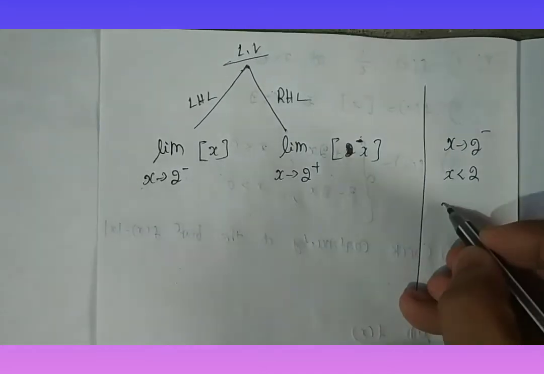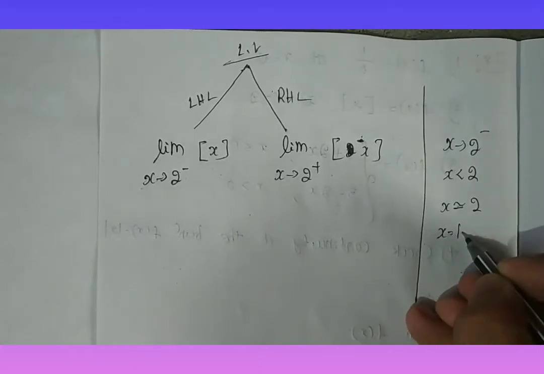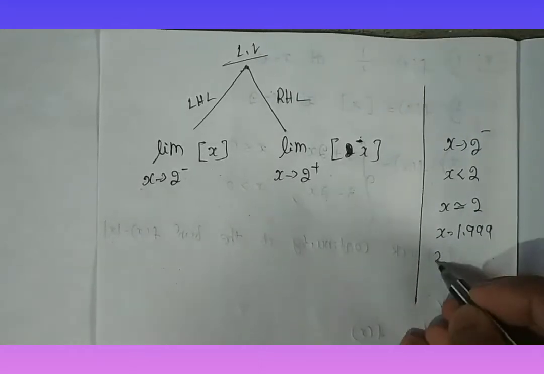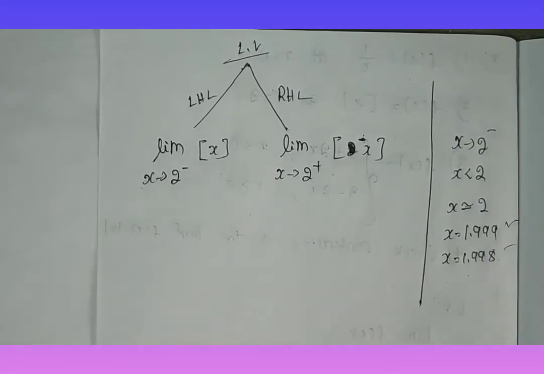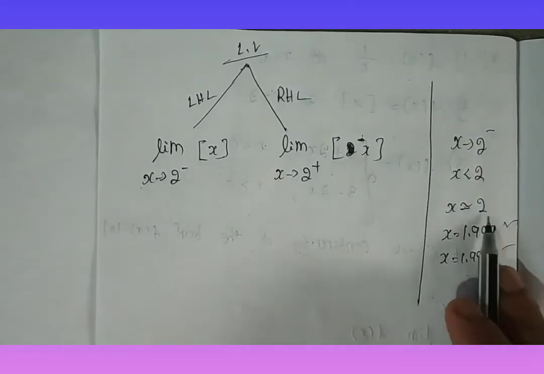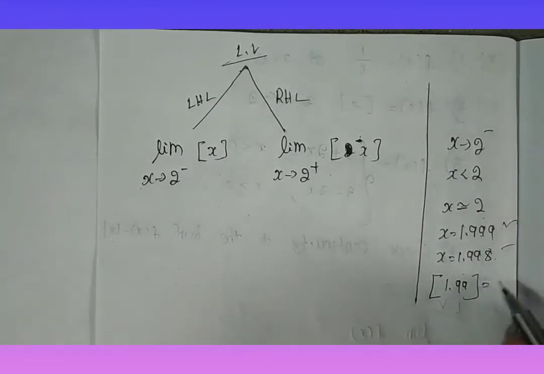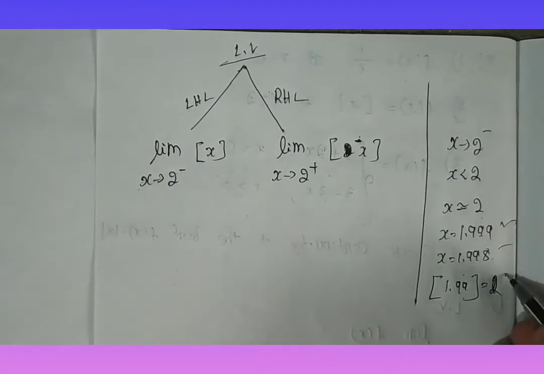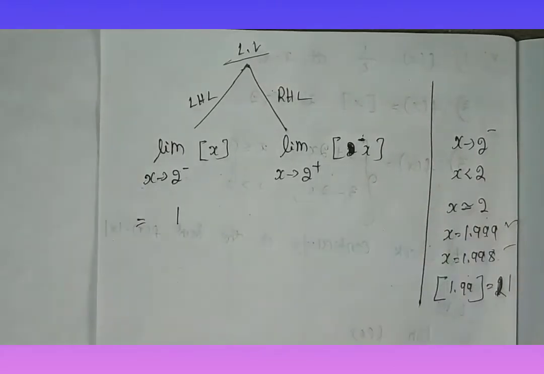Less than 2 means x is nearly equal to 2. That means x equal to 1.999 or x equal to 1.998, like this. If you want to find its greatest integer, what is the greatest integer of 1.999? This is equal to 1. In this case, this is 1.